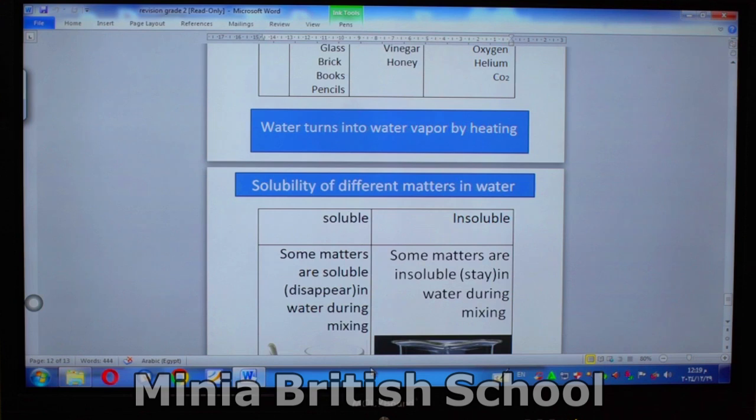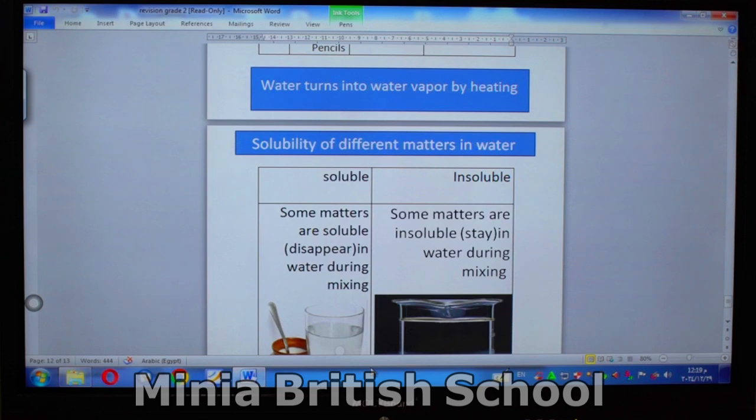That's why I say sugar is soluble in the water. Sugar or salt is soluble in the water. Okay. Some matters are insoluble in water.